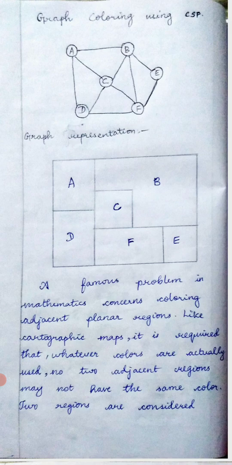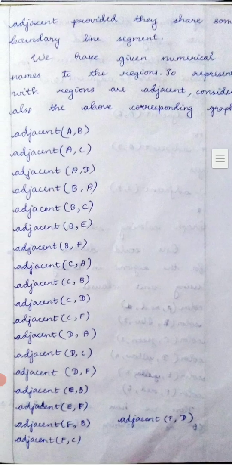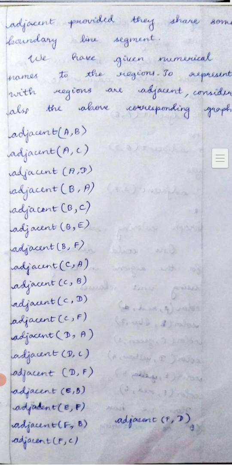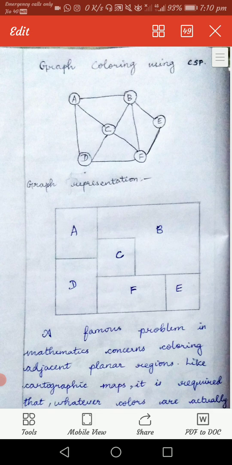So this is the graph representation of this graph, and here we have given numerical names to the regions to represent which regions are adjacent.